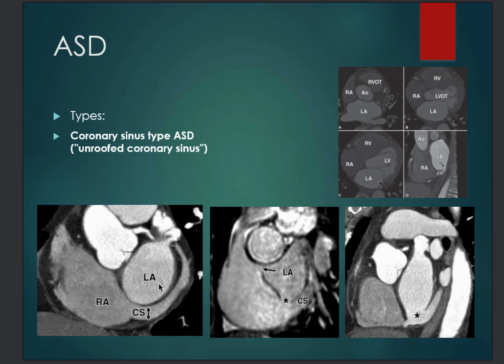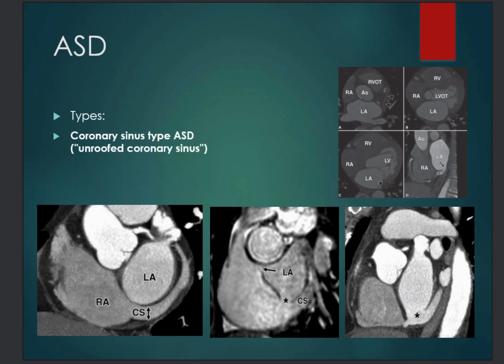Again, the shunt will be from the high pressure left side to the low pressure right side. Again, please try to identify any anomalies associated with the coronary sinus drainage.